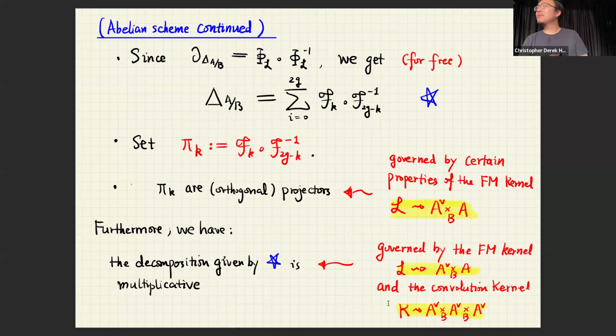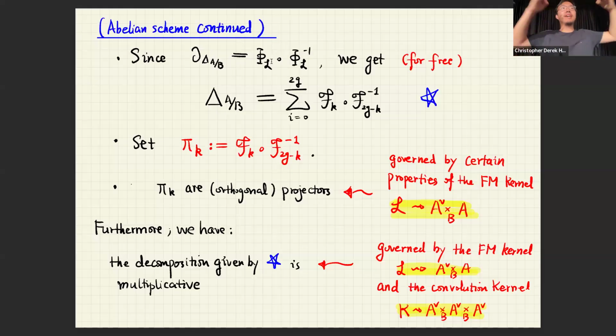So this slide explains why derived equivalence is a perfect tool for decomposing the diagonal, because you get it for free. Having a derived equivalence means that you have Phi_L, but also Phi_L inverse. If you compose them, you get the identity functor, which means this is a Fourier-Mukai transform given by the structure sheaf of the relative diagonal. So this is the K-theory identity.